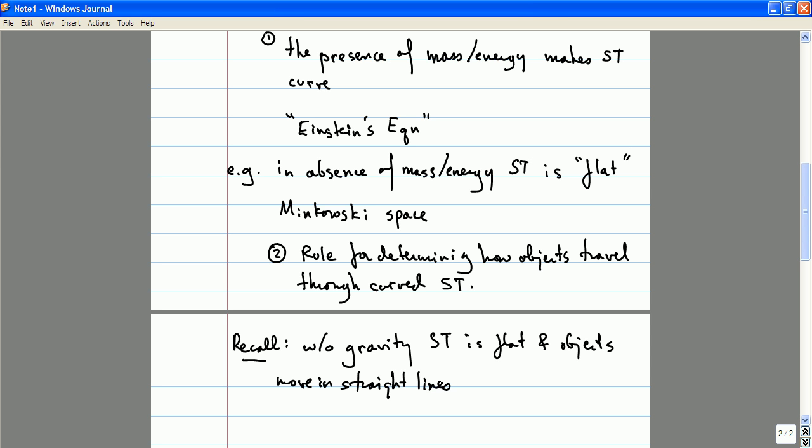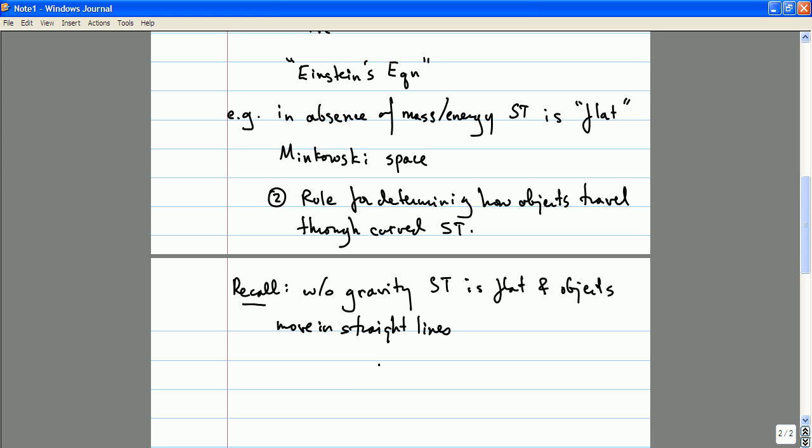That's, among other things, a consequence of Newton's law. Objects in motion tend to remain in motion at constant velocity unless acted on by some external force.